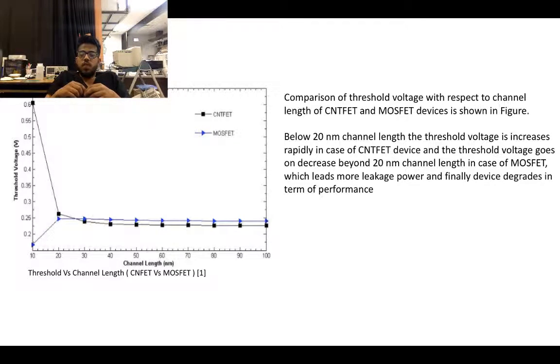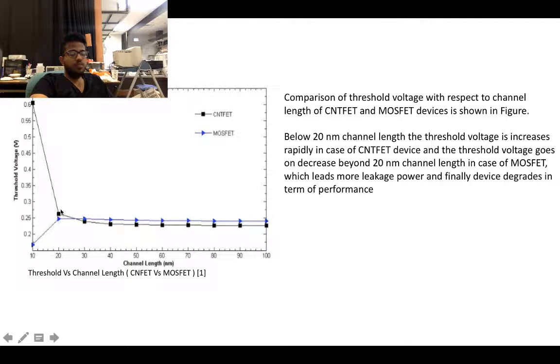In this case, what happens is, when you take the channel length below 20 nanometers, the threshold voltage for a regular MOSFET actually reduces significantly. This dip you can see, but it is an advantage in the case of CNFET that it actually increases.